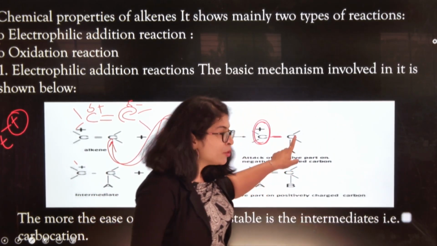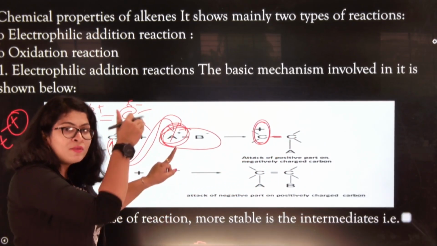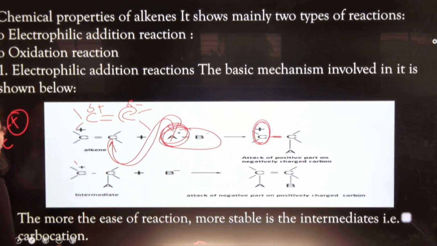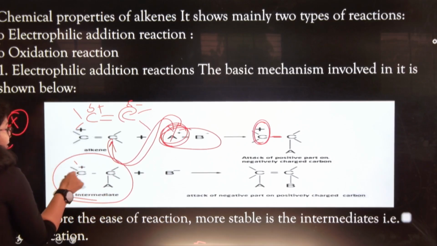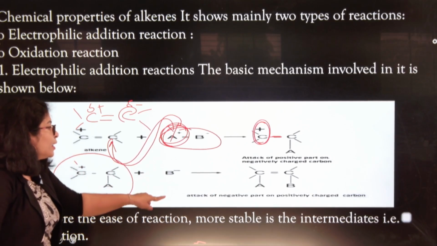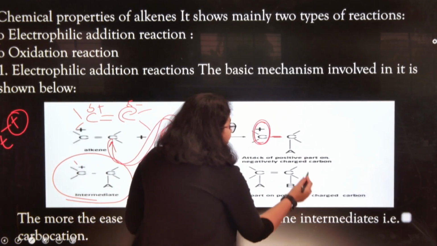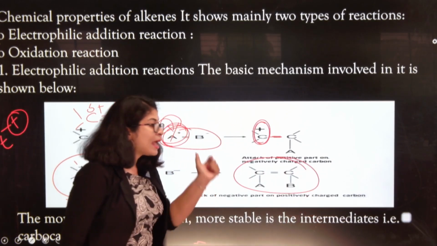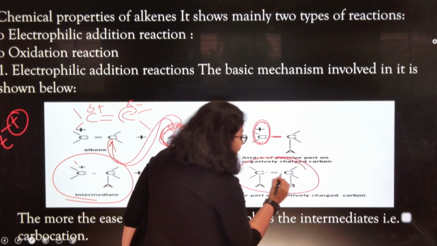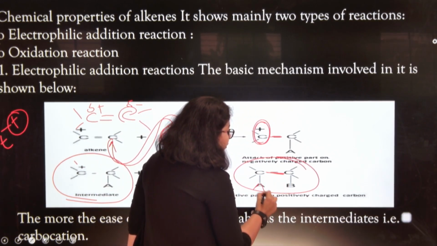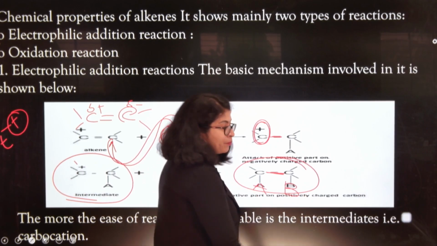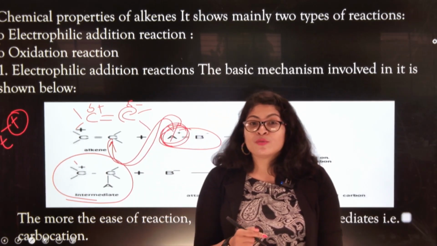Now to this carbocation, what happens? Any negative part will come and attack. If this is the intermediate, carbon having a positive charge, then the B negative comes and attacks the positive side to form this compound. Basically, one bond has broken down and there is addition of a molecule AB. Now, first of all, what has happened?